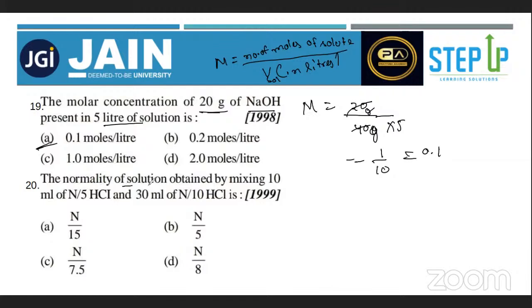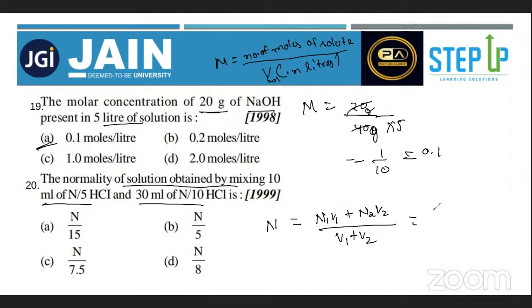The normality of the solution obtained by mixing 10 ml of N/5 HCl and 30 ml of N/10 HCl. The formula for this kind of situation: the normality is given as the normality in the first solution times its volume, plus the normality of the second solution times its volume, upon the sum of the total volume. If I have a solution 3, it will be N3V3.